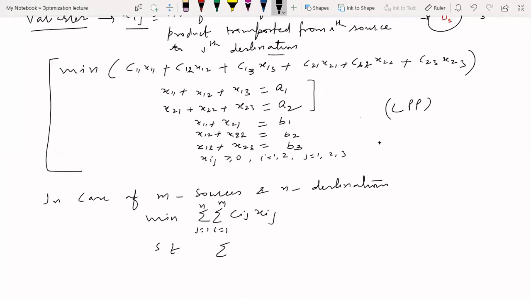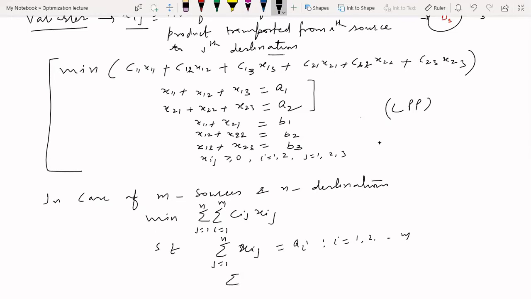So it is summation Xij equal to Ai for each i equal to 1 to m, and the summation is taken over j. For i equal to 1, my first index is fixed, and I take the summation over all destinations. So from the first source to all destinations, I'm supplying A1 units. Similarly, there are m equations, one for each i.